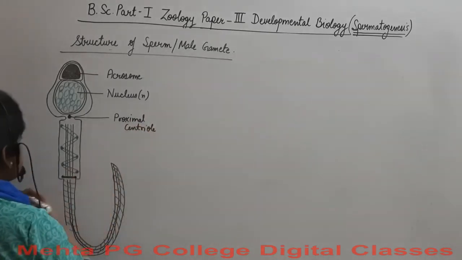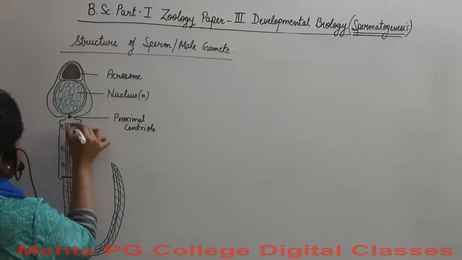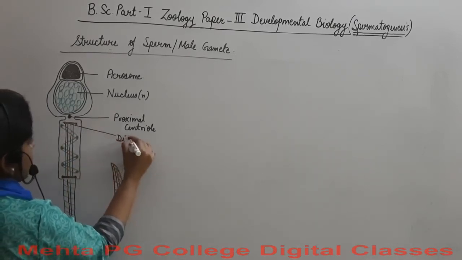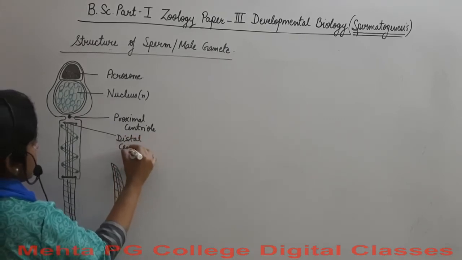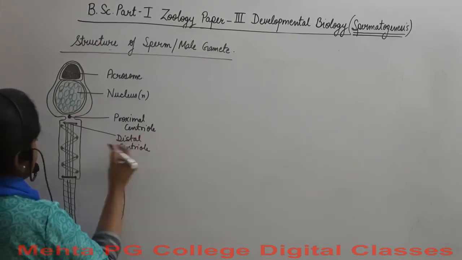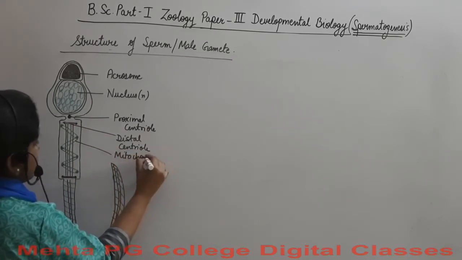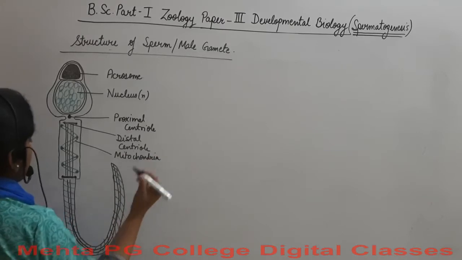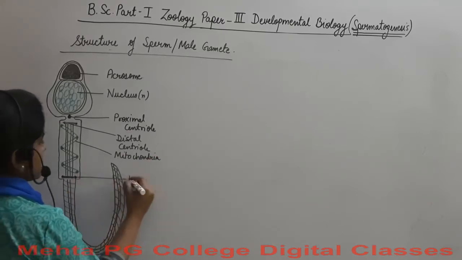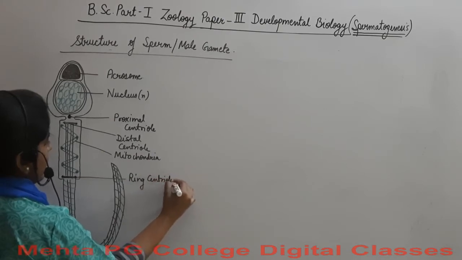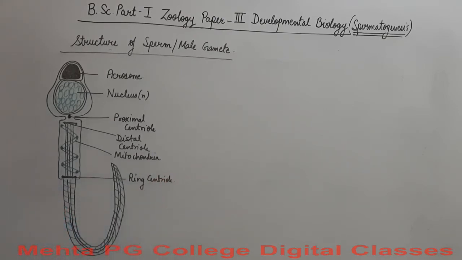Here, the distal centriole part. These are mitochondria. This is the ring centriole. So these parts are present.